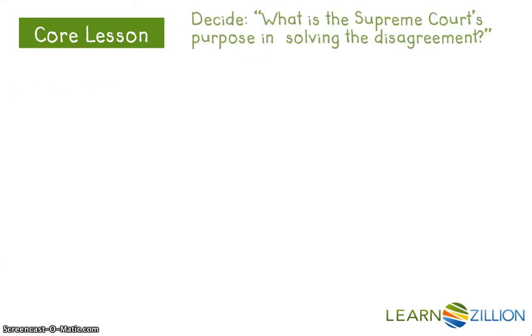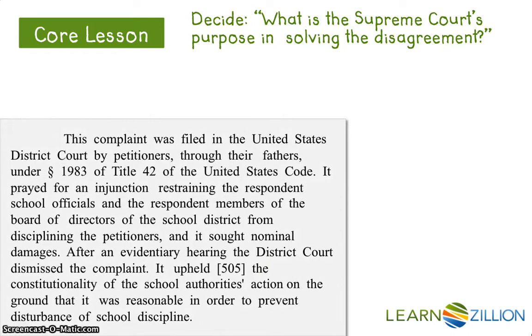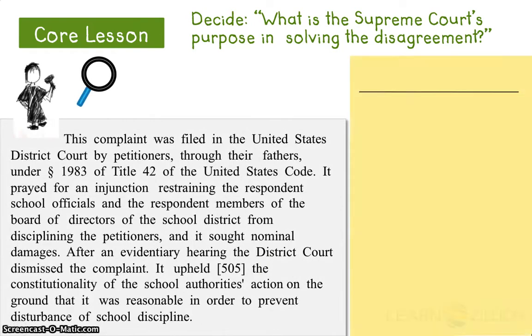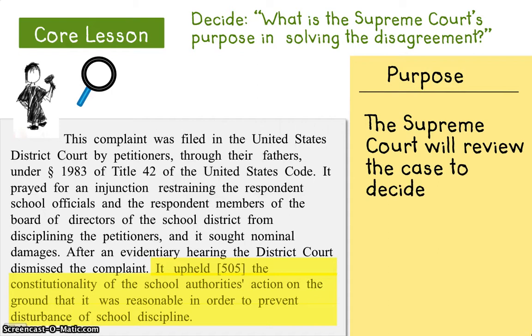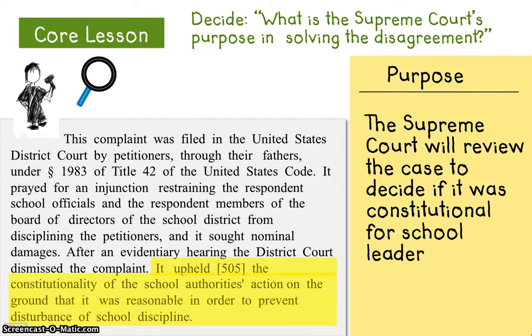Well, the Supreme Court is going to take a closer look at the decision made by the district court, and their purpose is going to be to weigh the evidence and review the case to decide, was it reasonable for the school authorities to suspend students based on preventing a disturbance of school discipline? I'm going to make the note that the Supreme Court will review the case to decide if it was constitutional for school leaders to punish students for protesting.